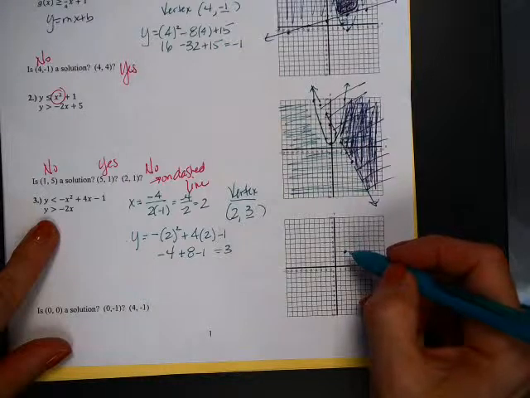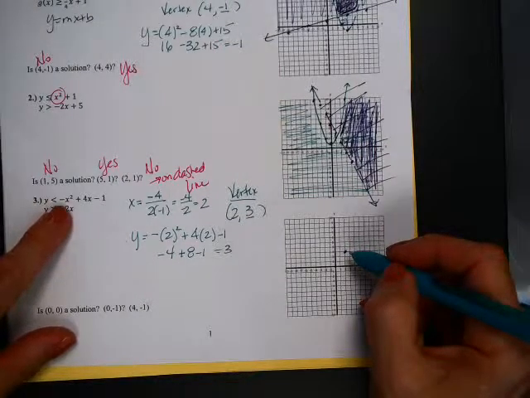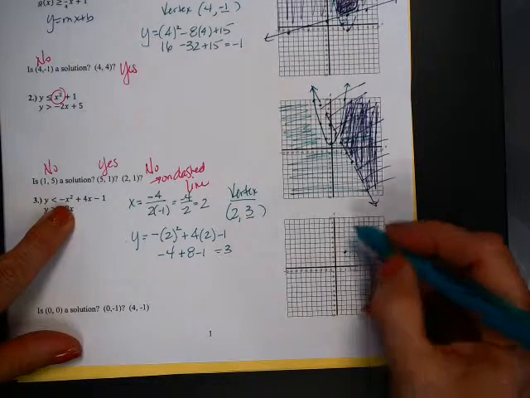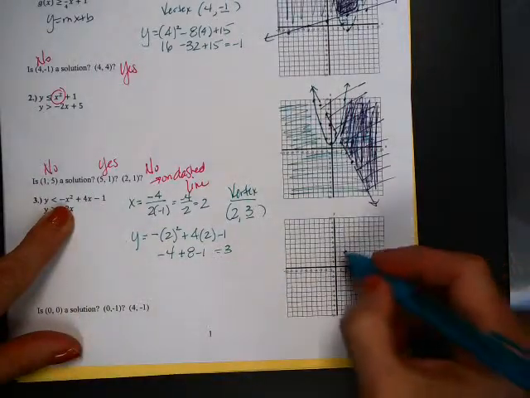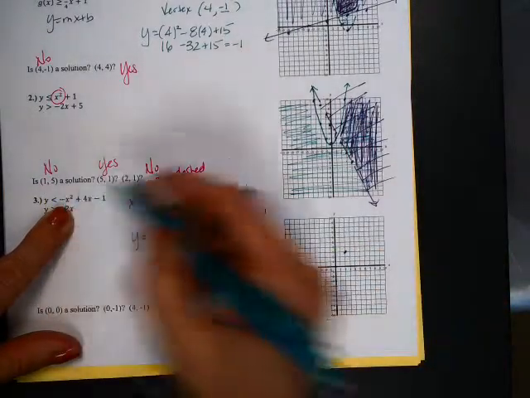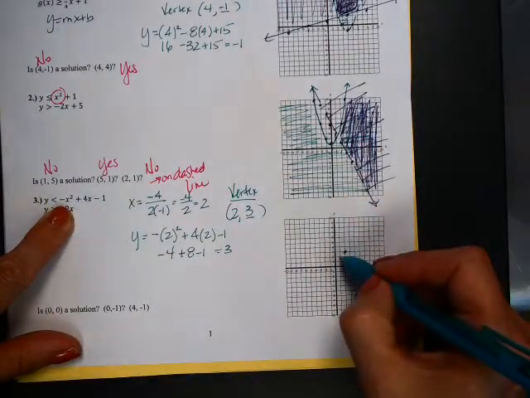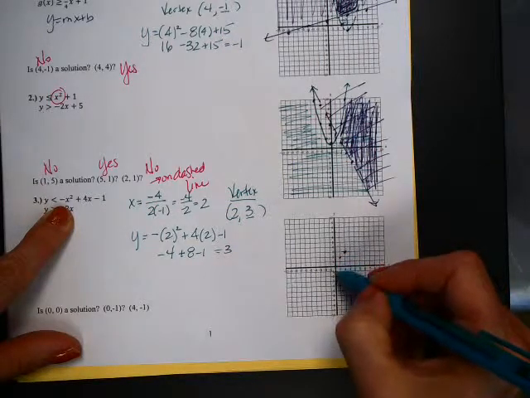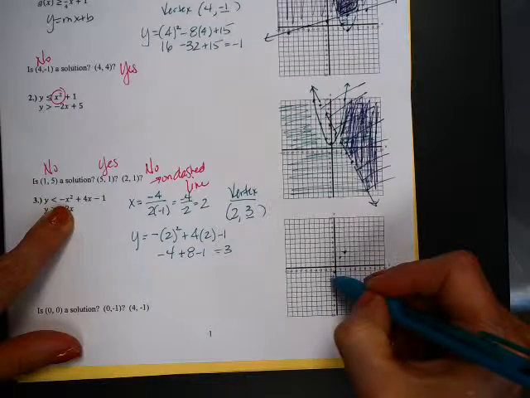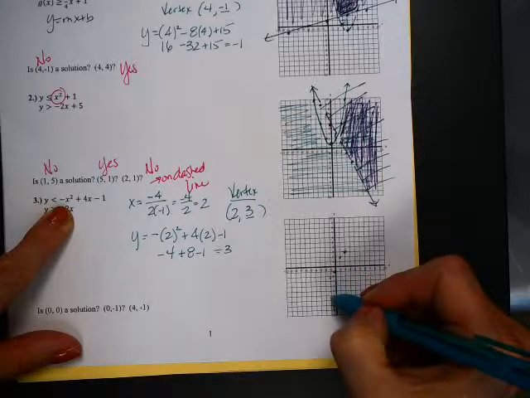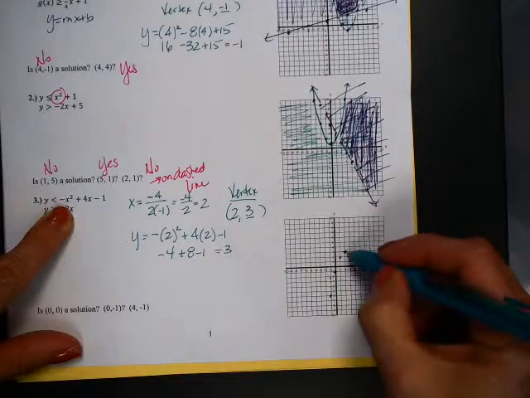And if you look, it is going down. So this time I'm going to just do my parent function. There's no stretch or compress, just going down. So I'm going to count 1, 1, 2, 4, and 3, 9. That should be right.